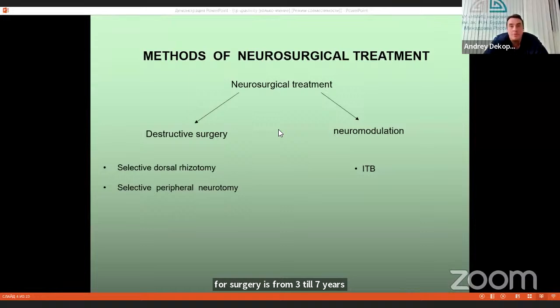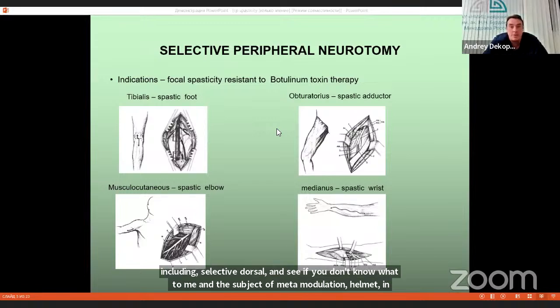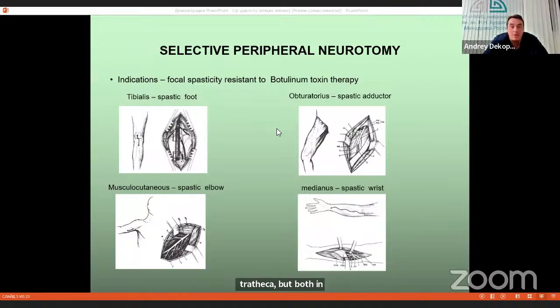There are 2 groups of neurosurgical interventions in treatment of spasticity: destructive surgery, including selective dorsal rhizotomy and selective peripheral neurotomy, and surgical neuromodulation, chronic intrathecal baclofen therapy. The indication for selective peripheral neurotomy is focal spasticity resistant to botulinum toxin therapy.